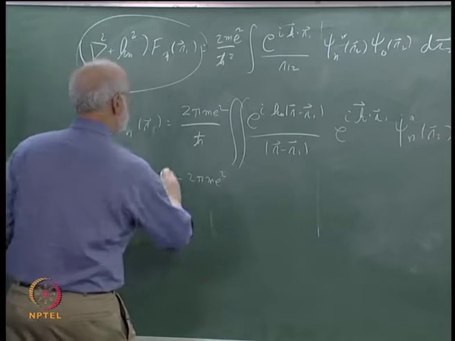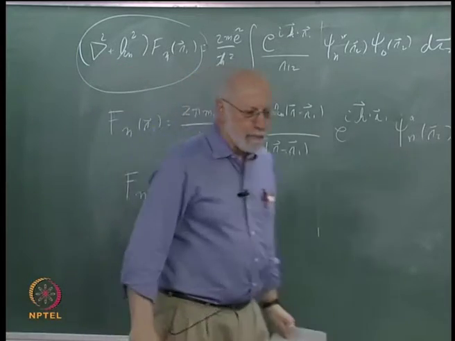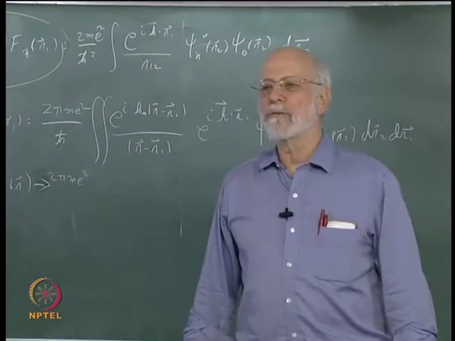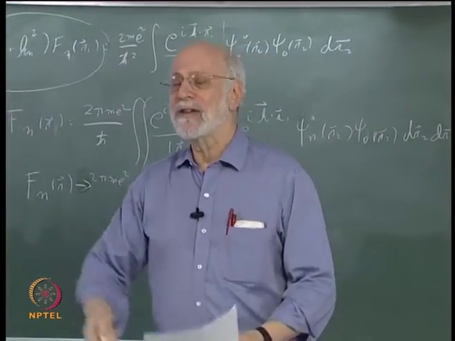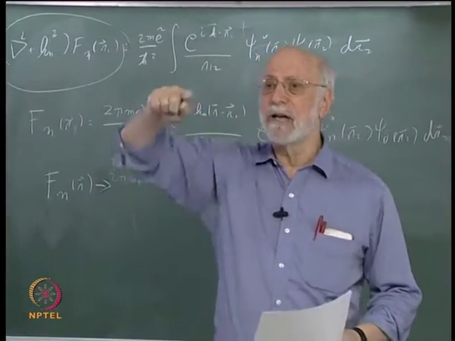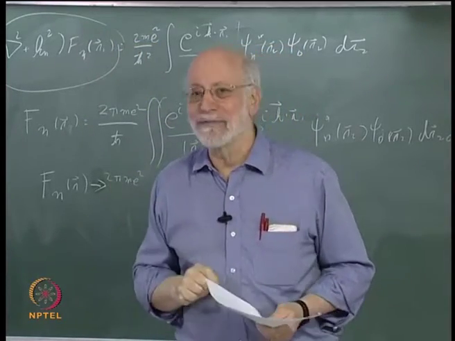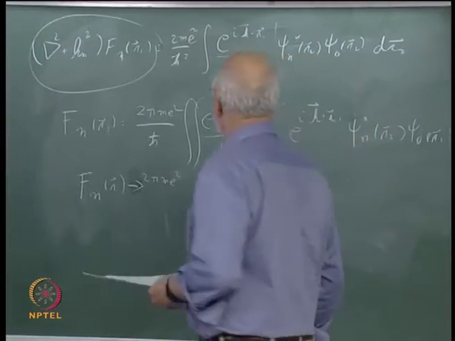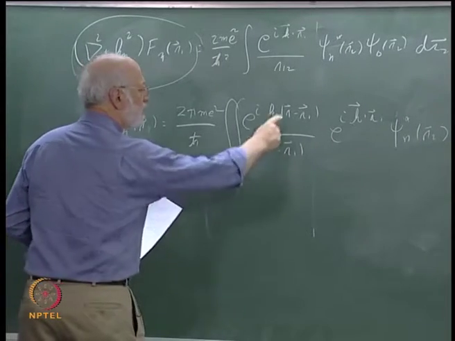No, I'm sorry, but for large R, why don't I just actually solve for Fn? Why do I want it for large R? Because remember, it's for large R that it has the form Fn times e to the I knr over R. And all I'm looking for is that little f. I mean, I could do a lot more, but it's much harder. So this is just the asymptotic form for large R, which I take for large R here.